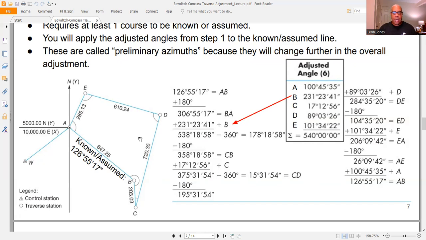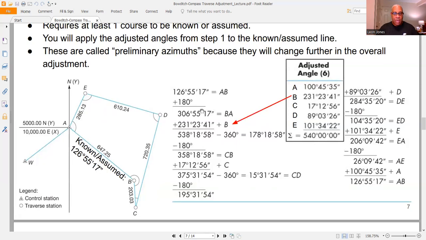So they're going to be adding 180. So they're going to be going clockwise. So when you add 180, from AB, the 126, 55, 17 is your foresight azimuth. You're going to add 180, you're going to get your back azimuth.